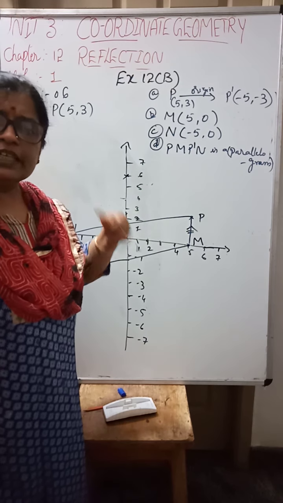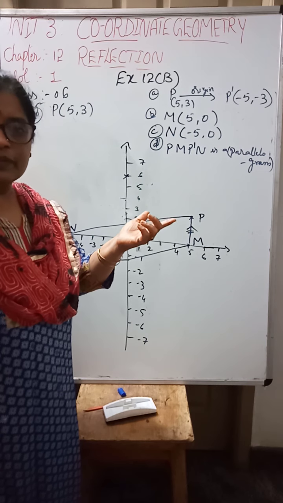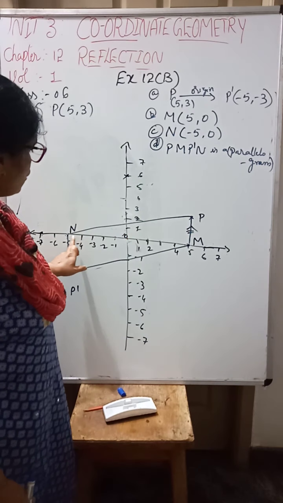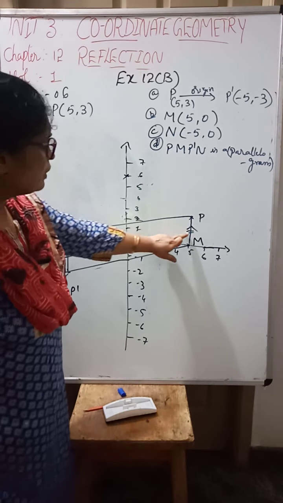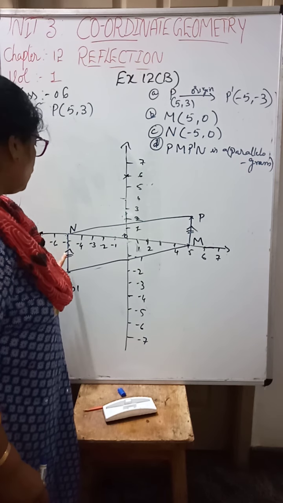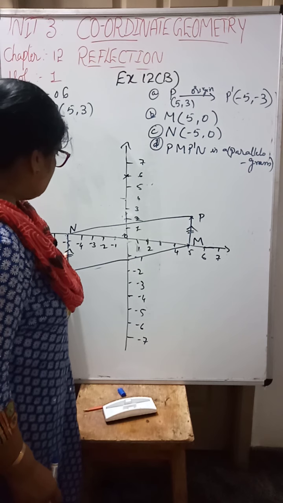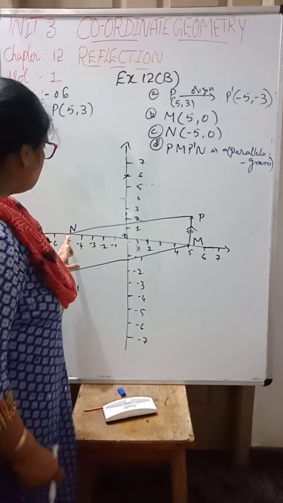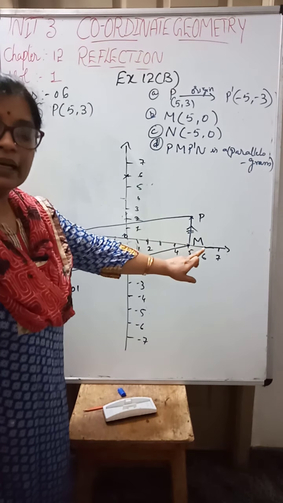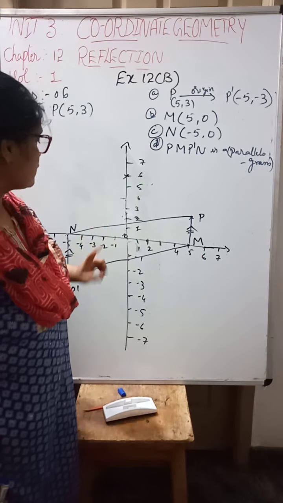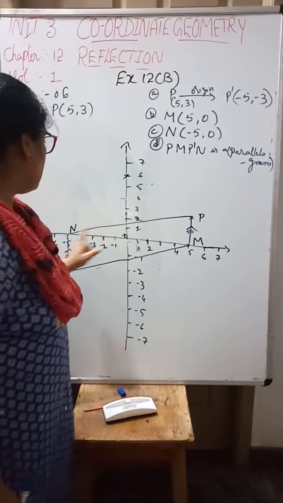This property was learnt earlier in the 9th standard itself. Carefully observe here: PM is equal to P dash N, and P dash N is parallel to PM, and this is a parallelogram, and NM is a diagonal and it divides the parallelogram into two equal areas, that is PMN and P dash MN.